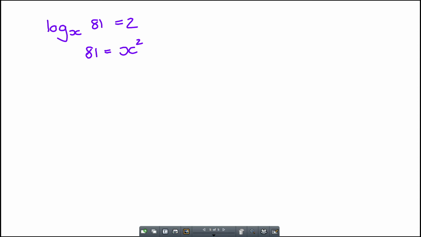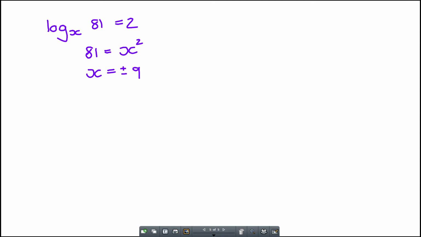Plus or minus 9. No. Okay, so over here, x squared is equal to 81. When I ask you to solve x, you would say square root of that 81, meaning x will then be positive or negative 9.